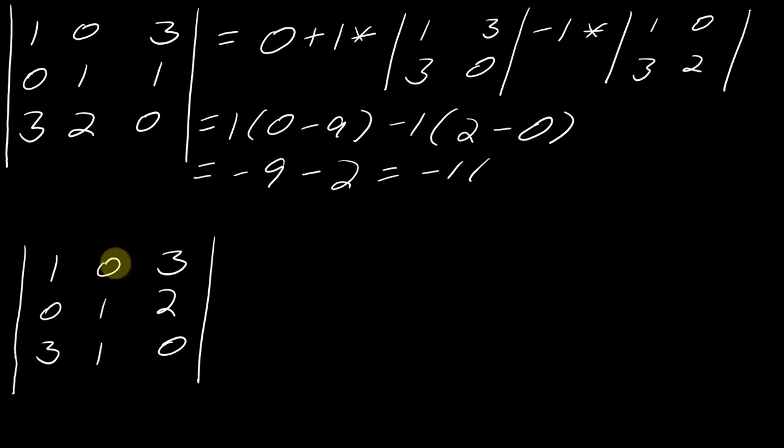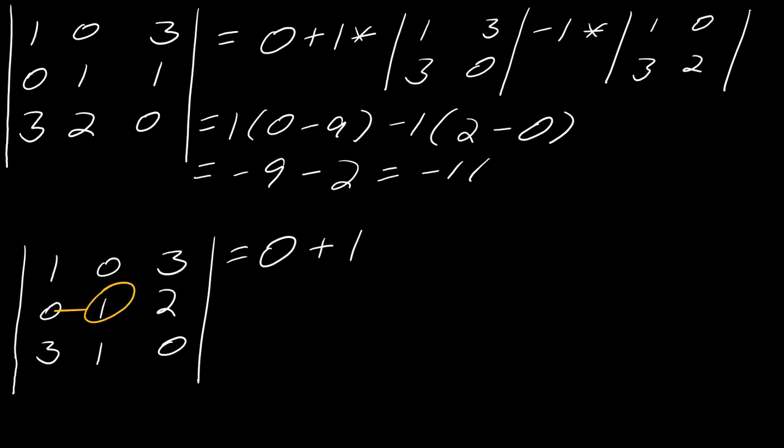Going through the cofactors here, this will be minus, plus, minus. Starting with 0, we know that 0 will still just be 0, so I can leave that alone. This is minus, plus, minus, so this will be plus 1.